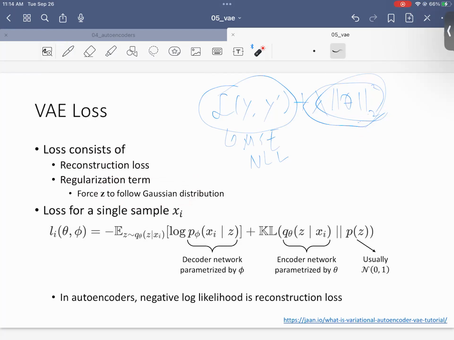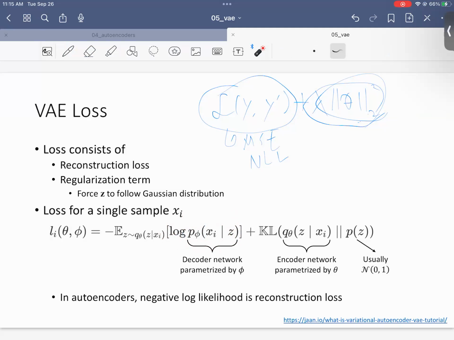So this is the reconstruction term, because this is the decoder's output. The decoder gets the Z and then reconstructs X. This part is the decoded output, and we want to maximize the log likelihood of the decoded output.